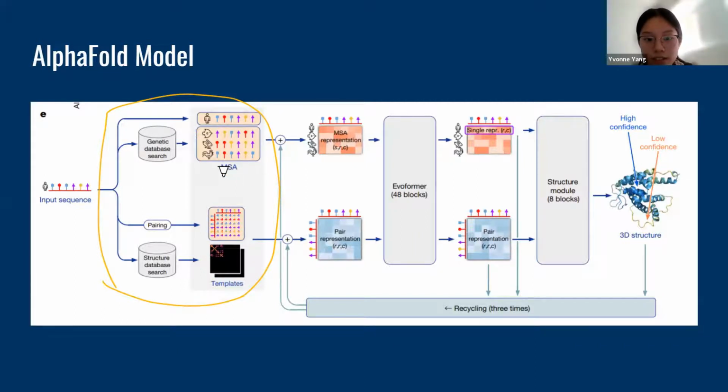The first is called MSA, short for multiple sequence alignment. Basically this comes from an evolutionary point of view, where some proteins are decoded from DNA. And DNA, we know, is genetic material that mutates throughout evolution.